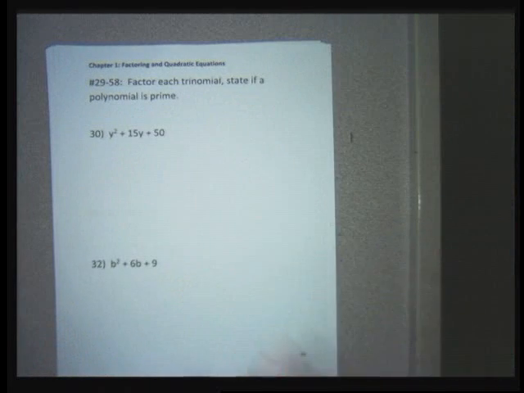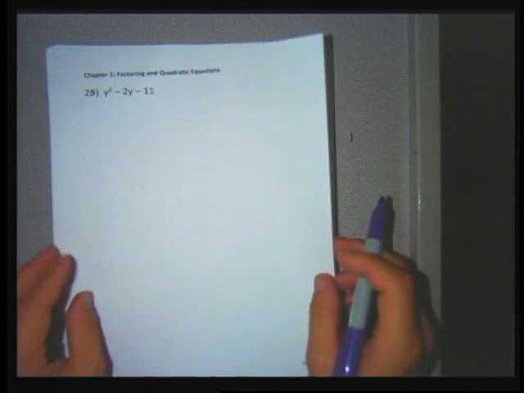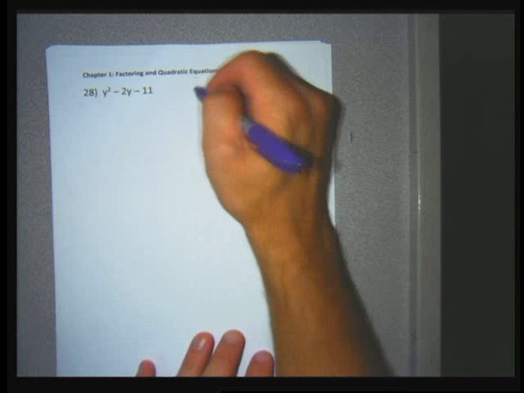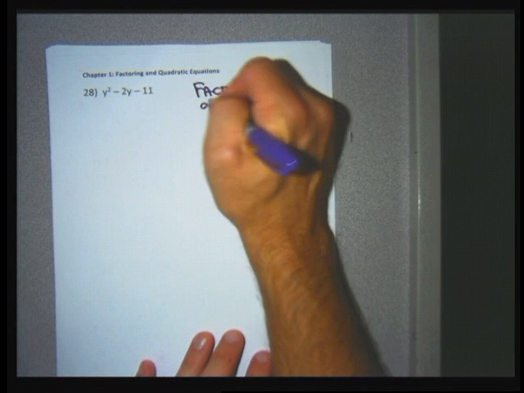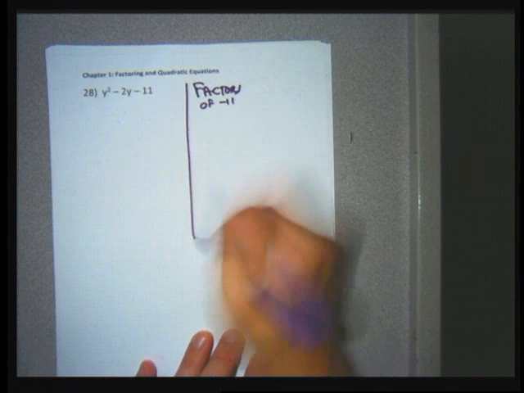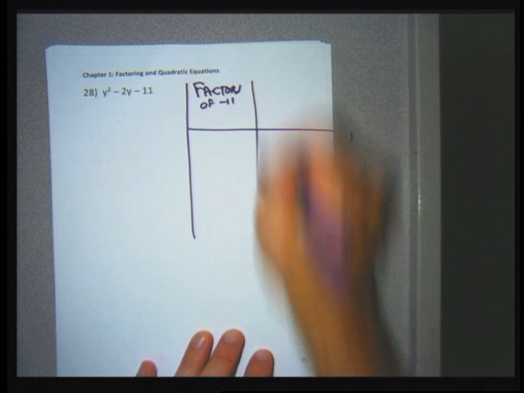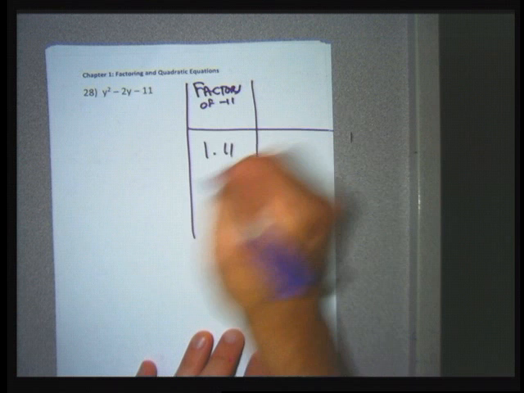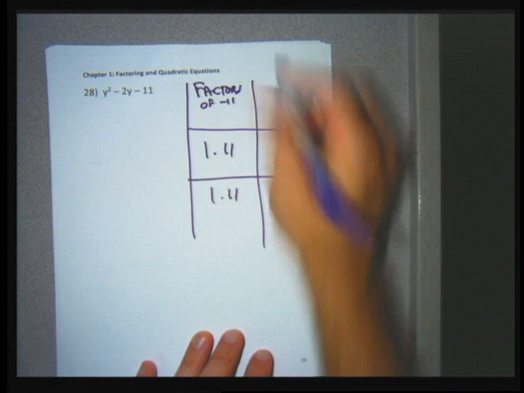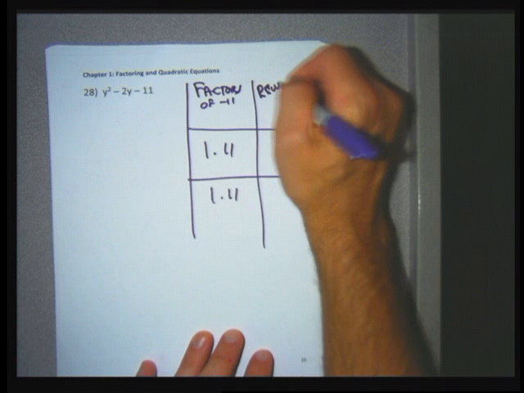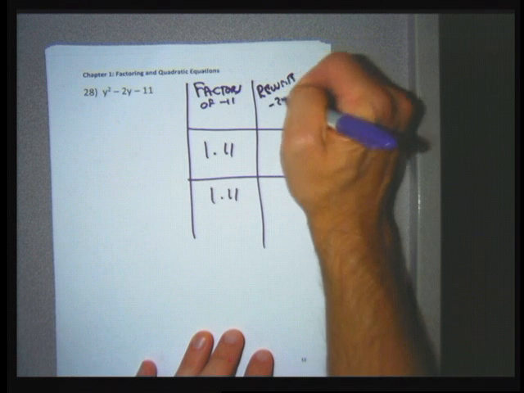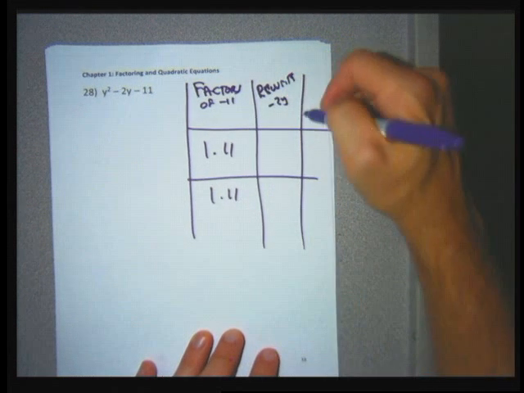Last one in the first grouping, and then we get to the fun method, or the method that I use. So again, I need to write factors of negative 11, which would be 1 and 11. I need to rewrite, or attempt to rewrite, the negative 2y. I'm going to combine.